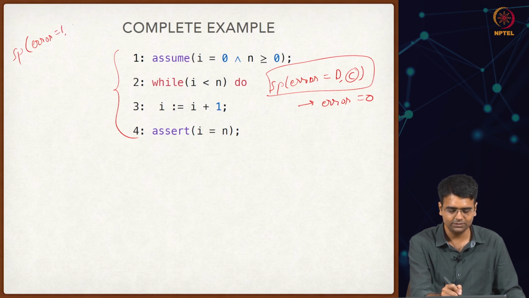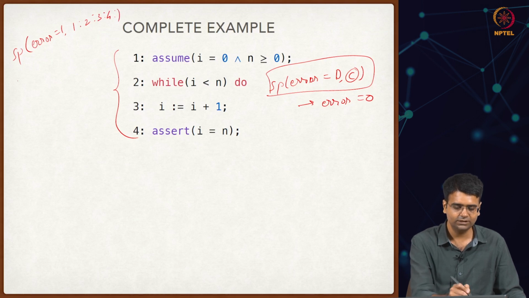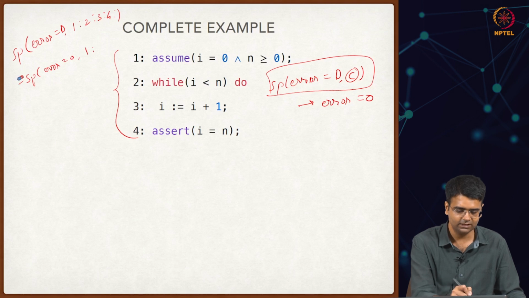So this SP of error equal to 0 and the entire program C, which in this case consists of these 4 lines. So I have this 1, 2, 3 and then 4. So we know that this is simply SP of error equal to 0, 1, which is the state obtained after executing just the statement 1.